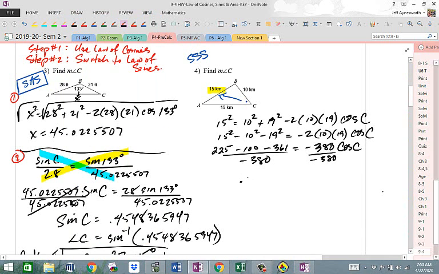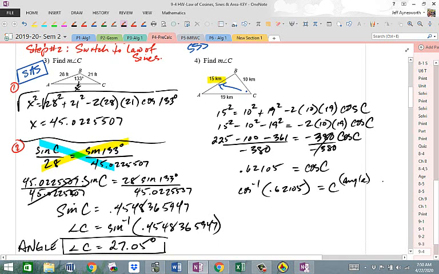So 0.62105 is equal to the cosine of angle C, and whenever you're trying to find the angle, you have to use the inverse cosine. So the inverse cosine of 0.62105 is equal to C, which is an angle. Remember that.